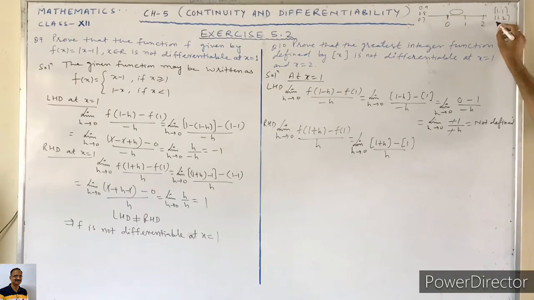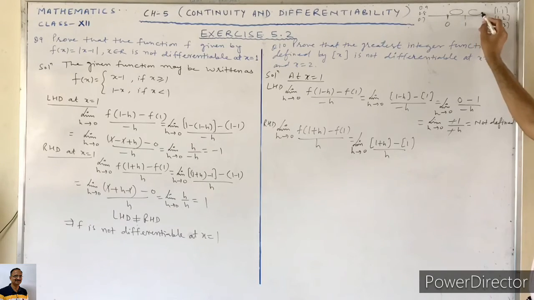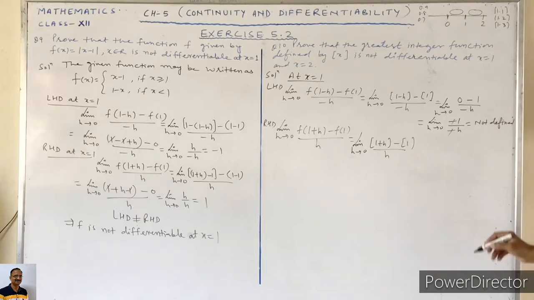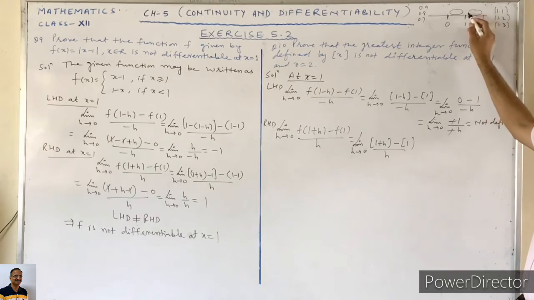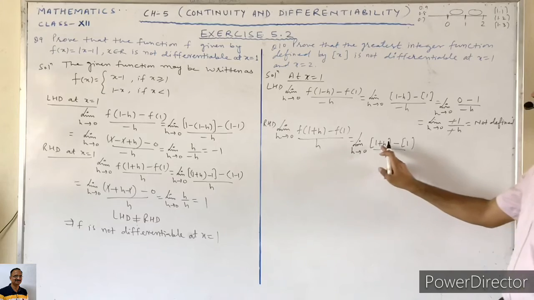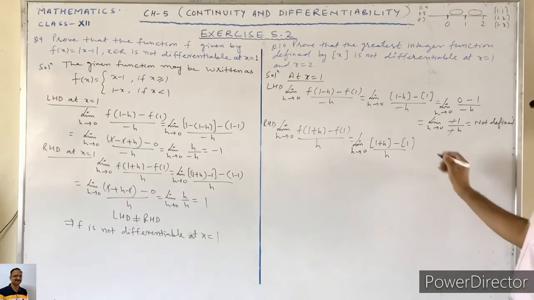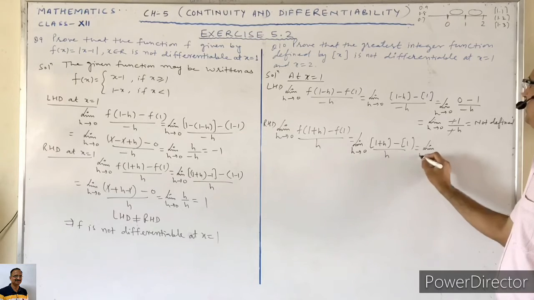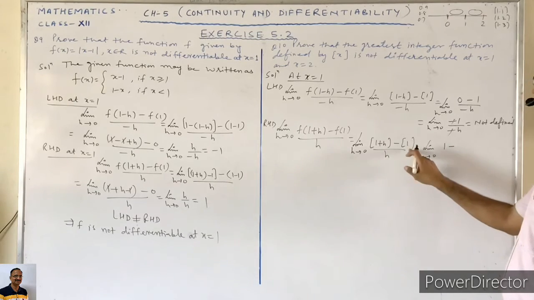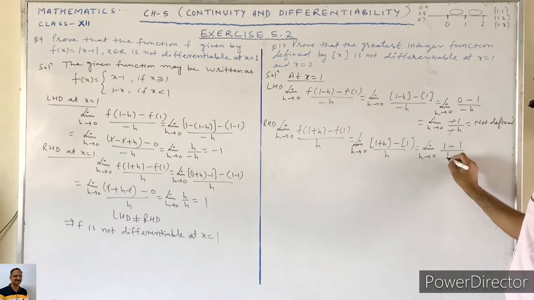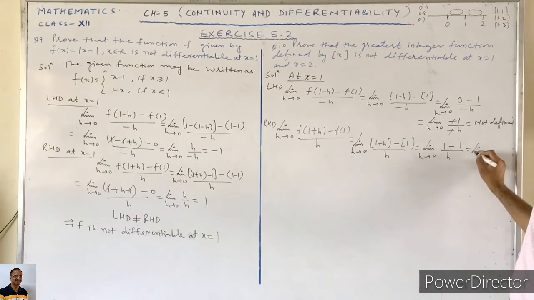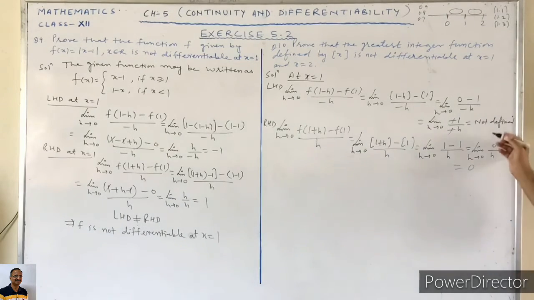For these values, the integer just less than these values is 1. So the value of the greatest integer function for these values is 1. That's why in place of this we can write 1. So limit h tends to 0 of 1 minus 1 by h, which is nothing but limit h tends to 0 of 0 by h, and it is 0. So left hand derivative and right hand derivative are not equal.